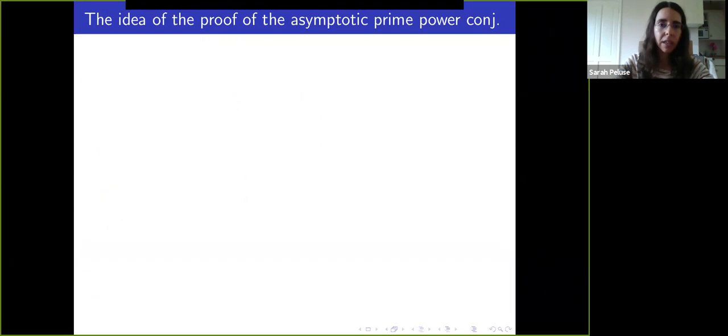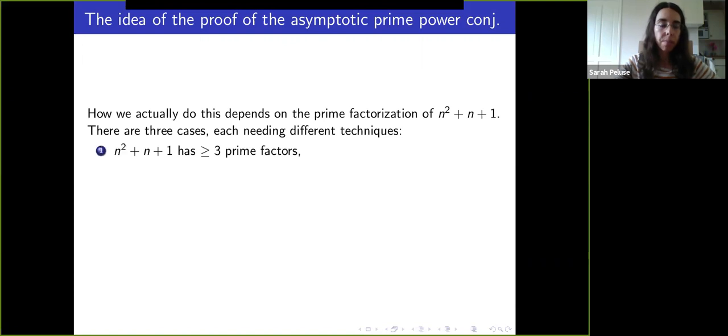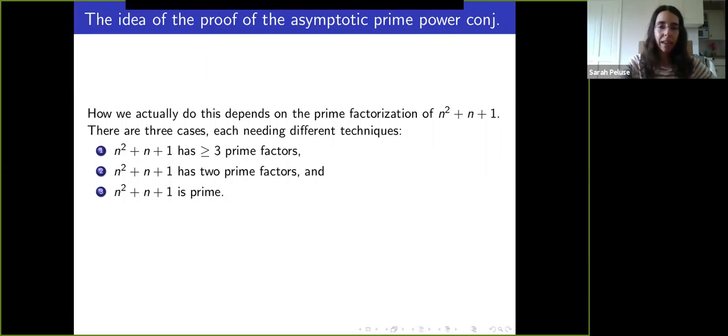How this is actually done depends on the prime factorization of n squared plus n plus 1. So we have to split into 3 cases. The first is that n squared plus n plus 1 has at least 3 prime factors. Second is that it has 2 prime factors. And the third is the only remaining case, that it's prime.